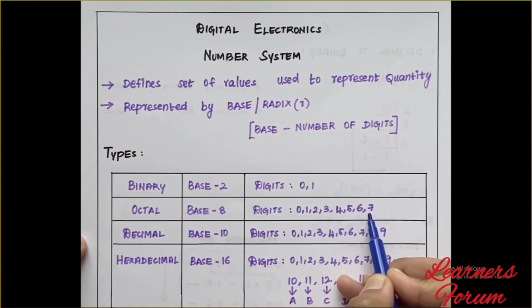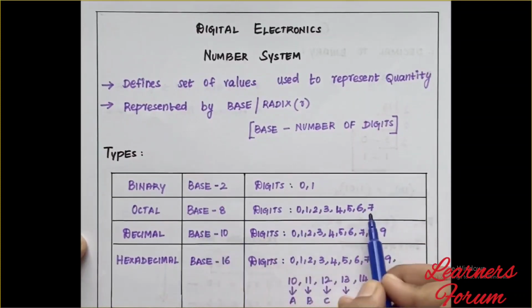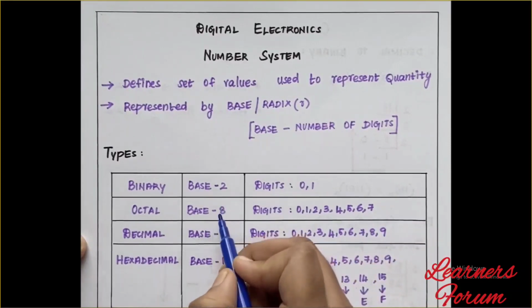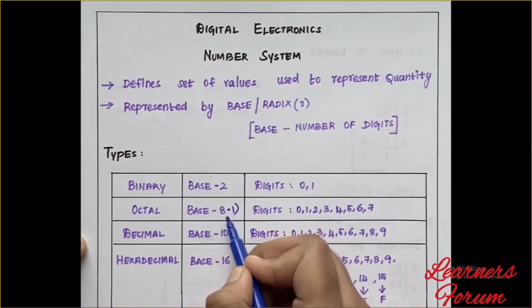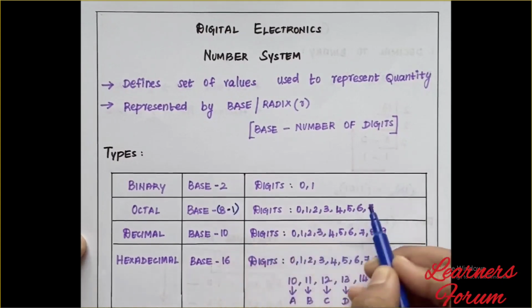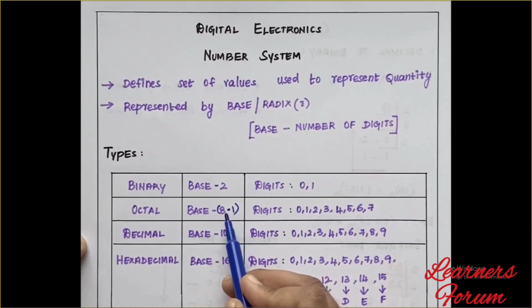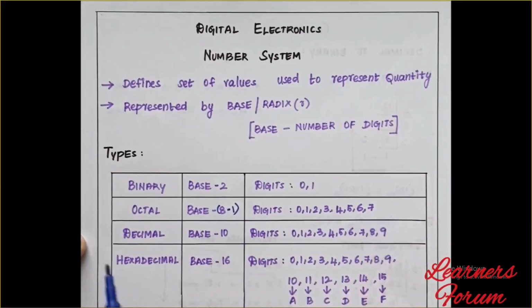That is, if the total base value is 8, subtract 1 from that and you will get the last digit value. So 8 minus 1 is equal to 7. So the digits for the type octal start from 0 till 7. So this is the way of representation.